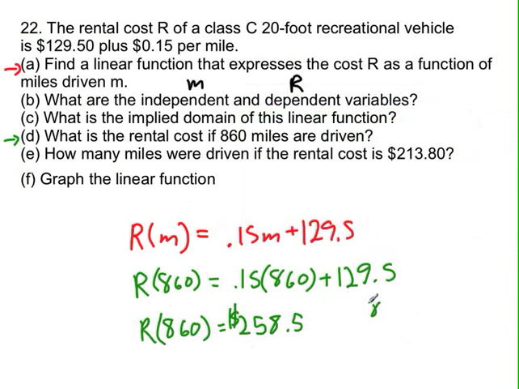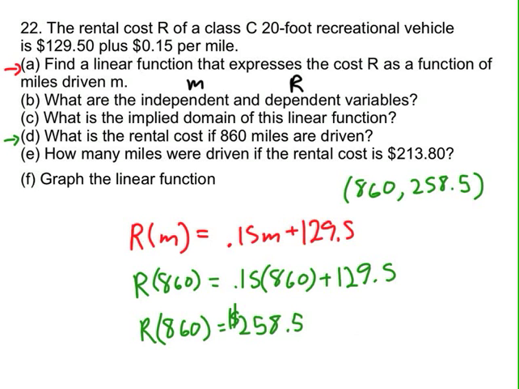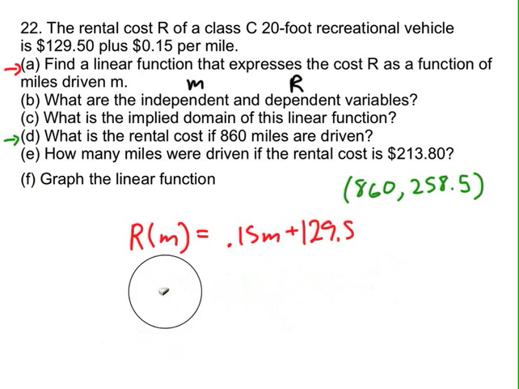So I'm going to take 860 and 258.5 as a point, and we'll use this later. So I'm going to take this and move it up here, and then I'm going to erase the rest of this work because we're done with it. You guys don't erase it. I can erase it.